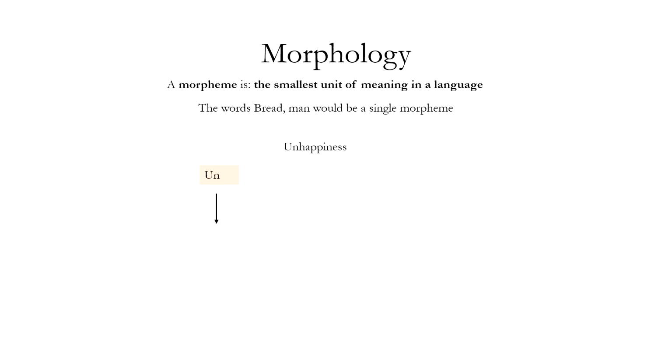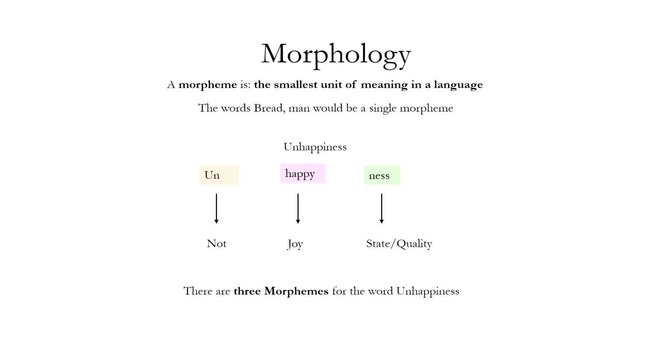We have un, which is not, happy, which is joy, ness, which is a state or quality, right? So there are three morphemes for the word unhappiness. Okay. So it would be advantageous to look at things from a morpheme level because it implies more meaning. It's a richer vocabulary.